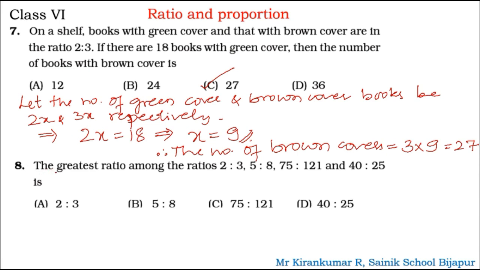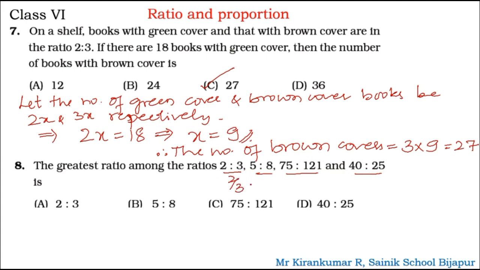Question number 8. The greatest ratio among the ratios: 2 is to 3, 5 is to 8, 75 is to 121, 40 is to 25 is. So here we can regard these ratios as fractions.